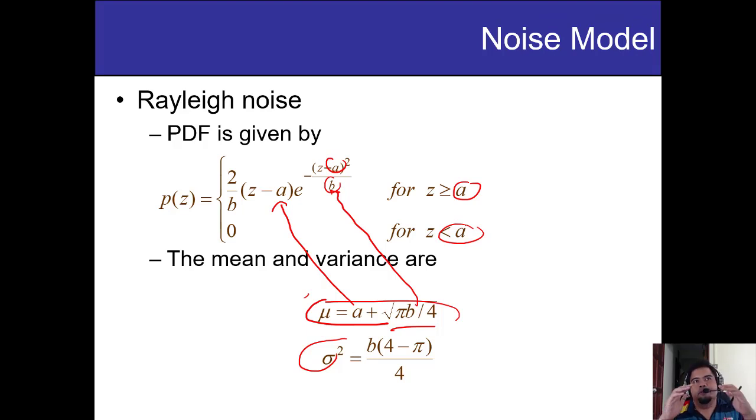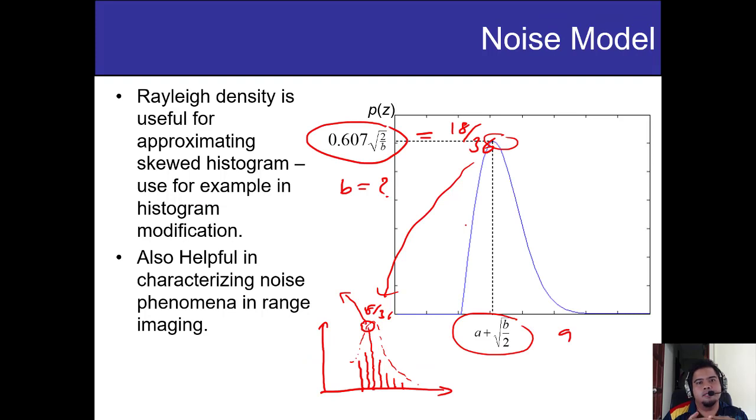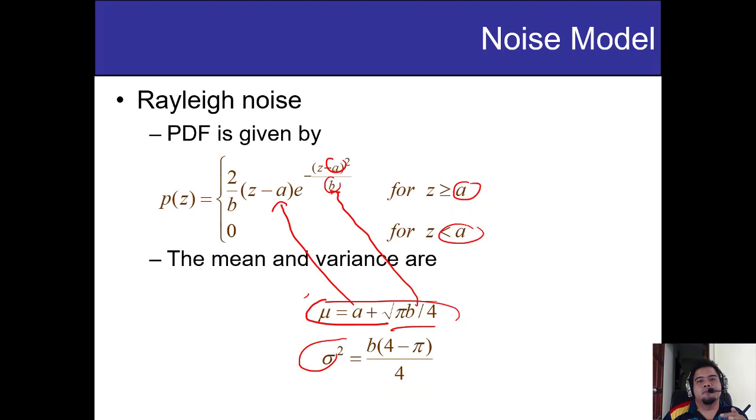If the PDF is bell shaped, then it should be Gaussian noise. If the shape looks like this, then it's Rayleigh noise. Then you need to calculate all the parameters involved with Rayleigh noise to fill up this expression: the mean, the variance, A and B.